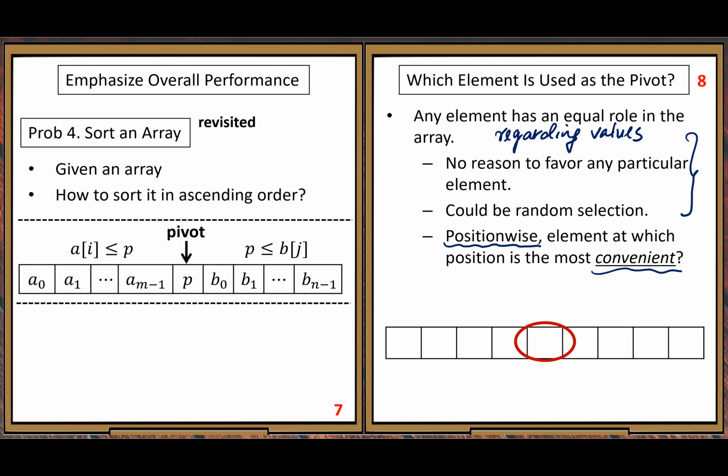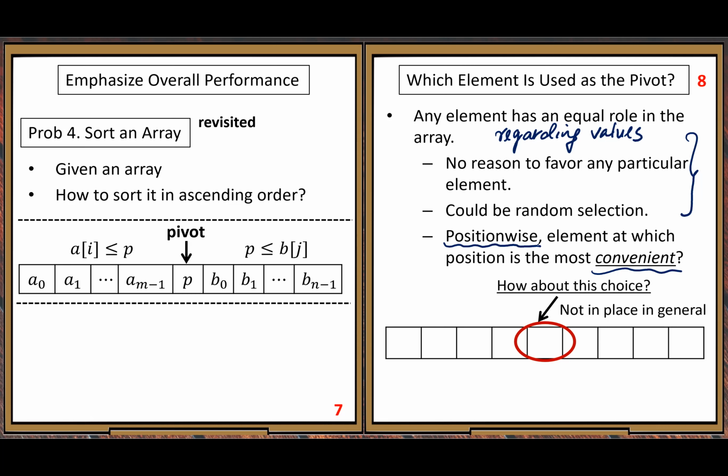Let's look at one location in the middle. Think about if we choose one location in the middle for our pivot element, how much work we need to do. Because if you choose a random element in the middle, usually it's not in place, right?